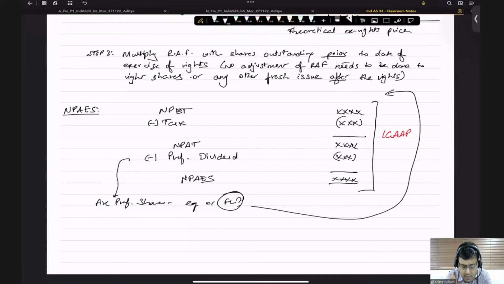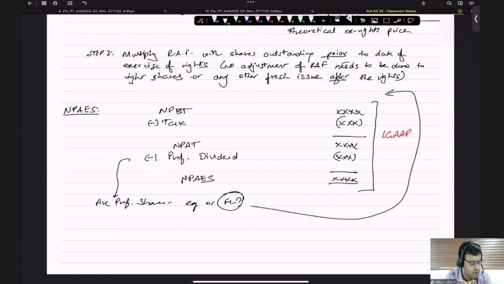Okay. Now coming to early redemption or conversion of preference shares. See, what the institute does is, any premium or discount on early settlement, if it is on account of early redemption, it would have been typically adjusted in the retained earnings, and therefore a separate adjustment needs to be done.